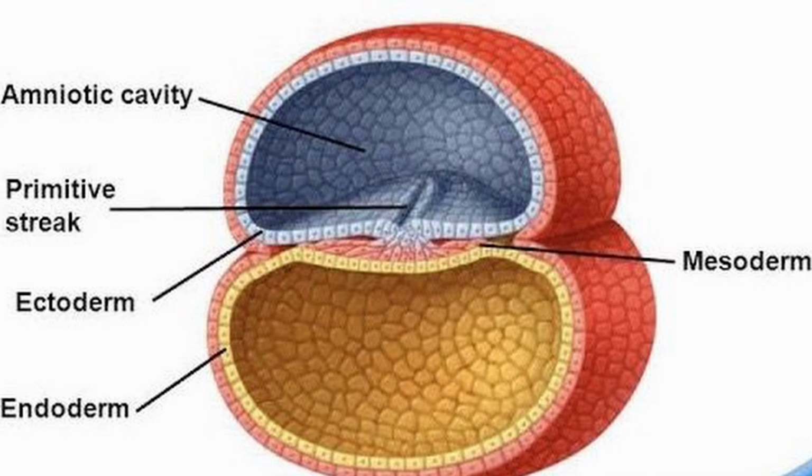Then these cells migrate and reorganize themselves and they become 3 layers. This process is called gastrulation. Gastrulation is basically a series of complex processes of growth and differentiation, whereby this structure of 2 cell layers reorganizes itself into a 3-layered configuration.